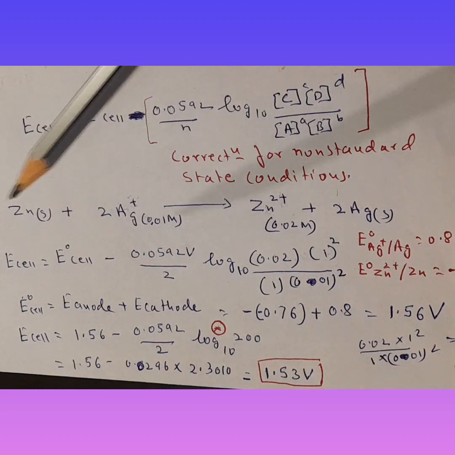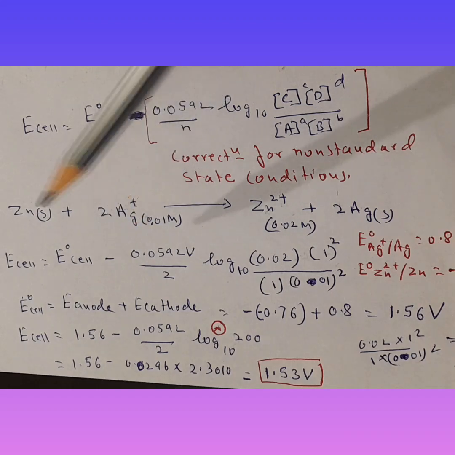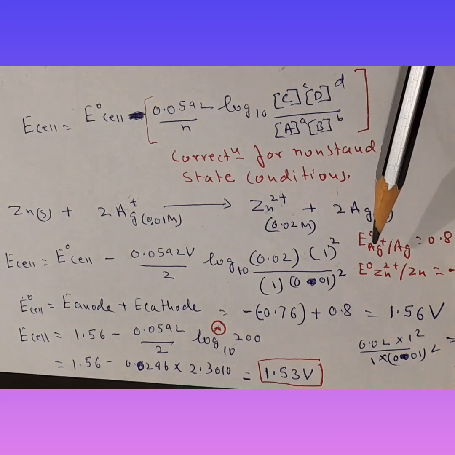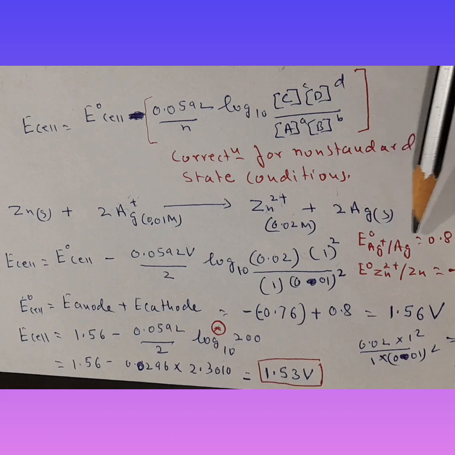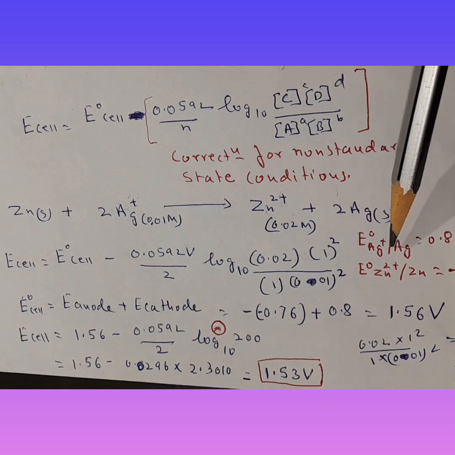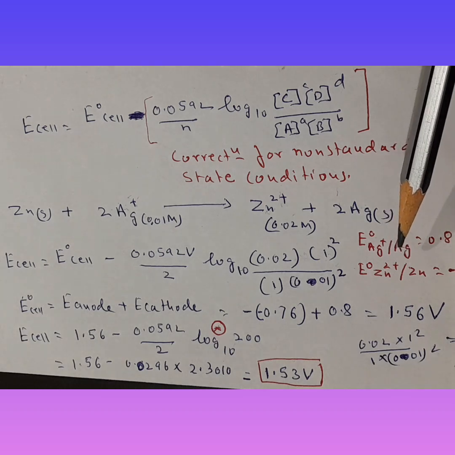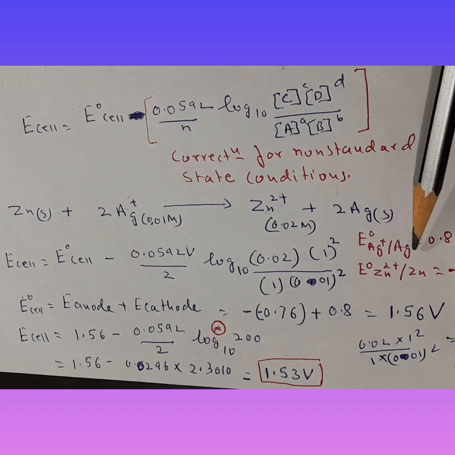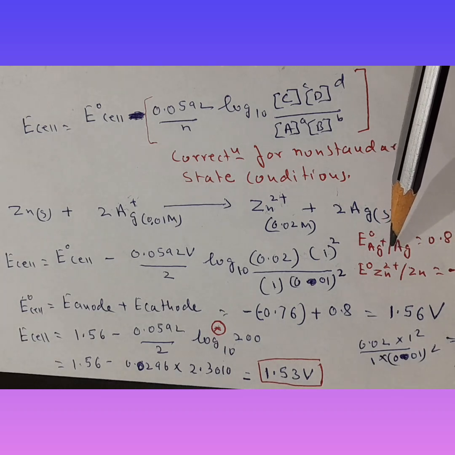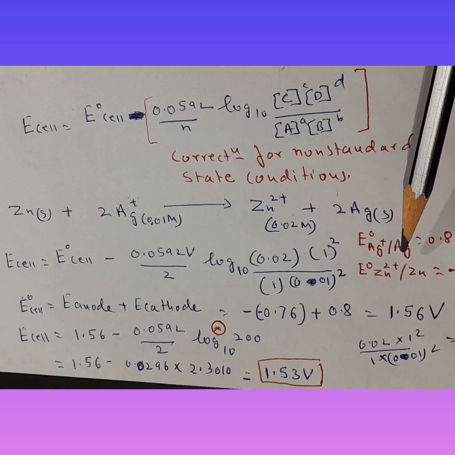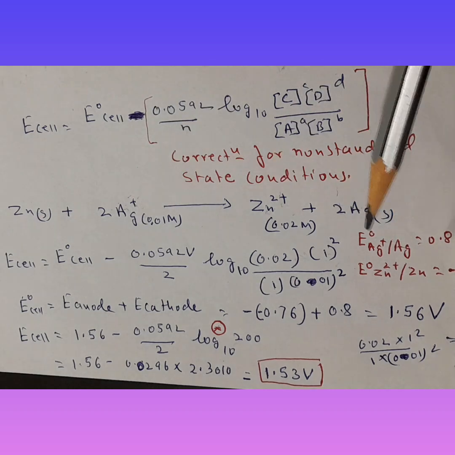Now since we have taken silver and zinc, from the ECS we get the value for silver. As I told you, ECS is the reduction potential. In the case of silver, no problem, silver is getting reduced itself as it is the cathode.